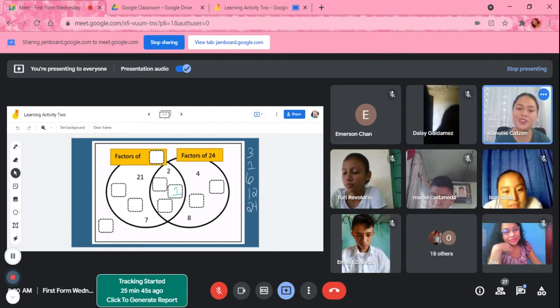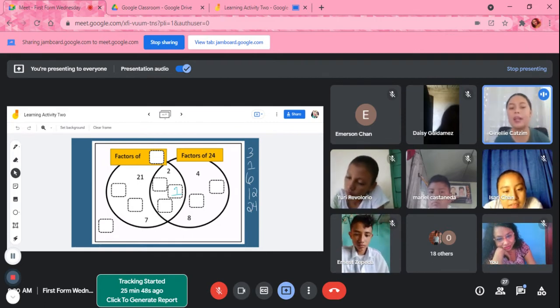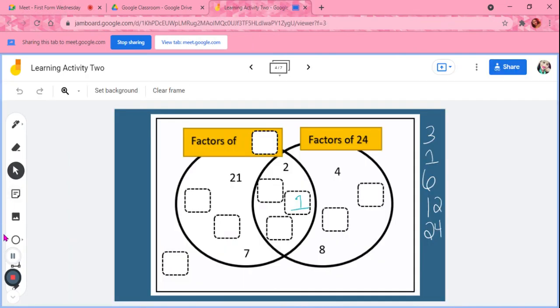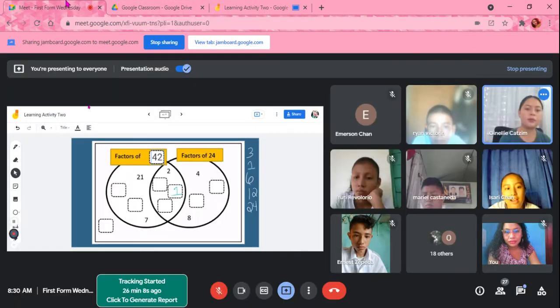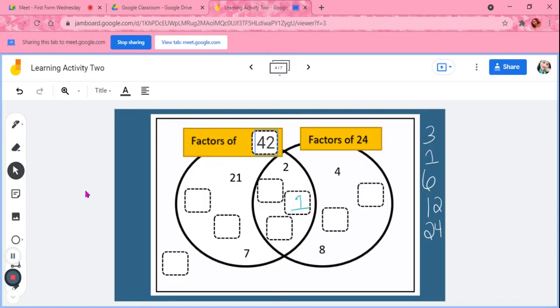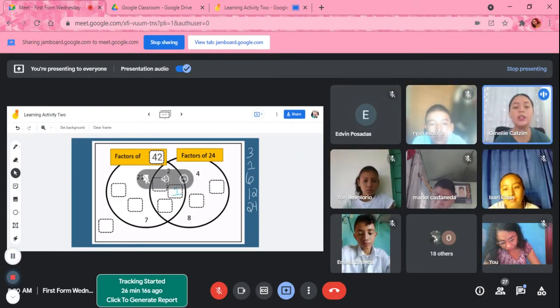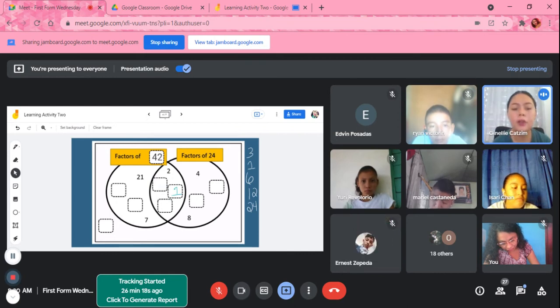We can multiply 3 by which number to get 42? Times 14, so that means we will have 14 on the outside.